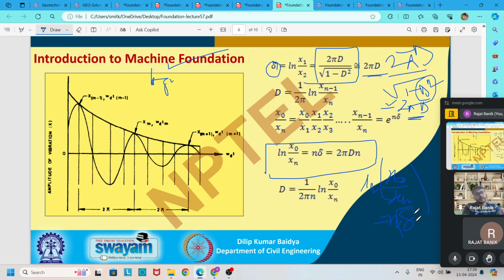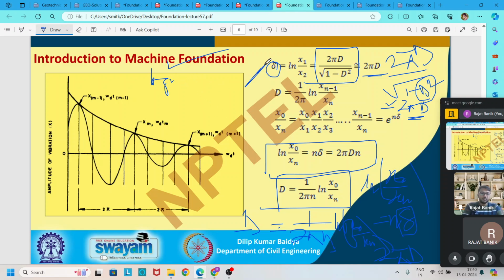If we put the delta value as 2 pi d, we get d is equal to 1 by 2 pi n ln x naught by xn, where n is the number of successive cycles. By this equation we easily get the damping ratio, and this method is called the logarithmic decrement method.